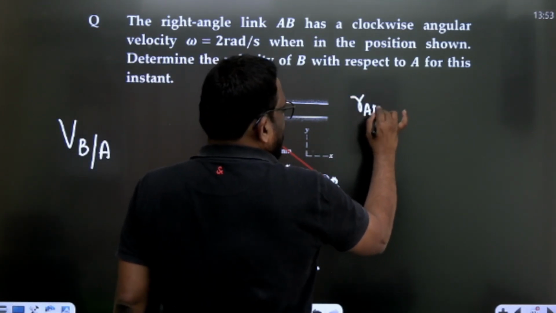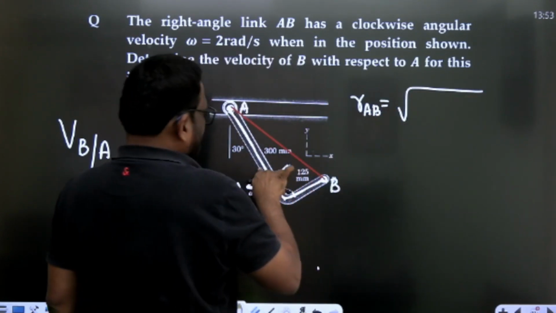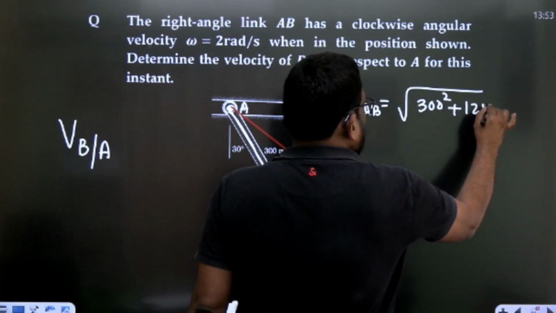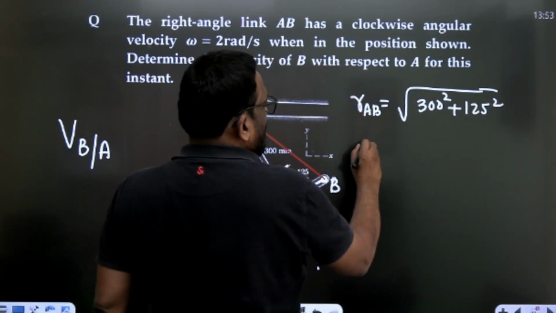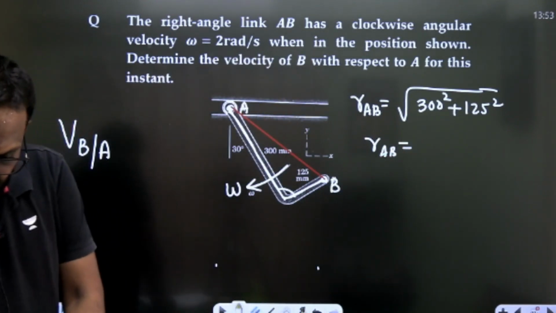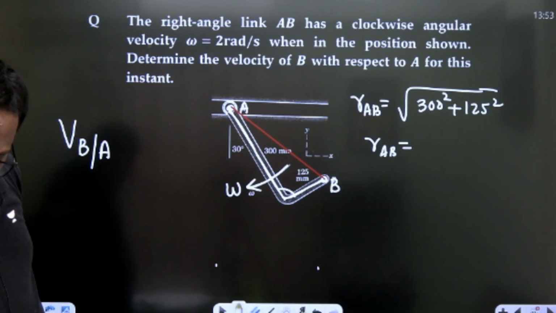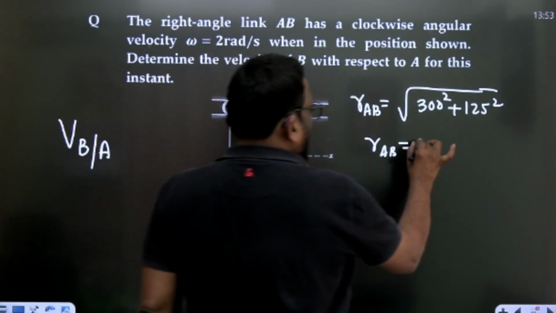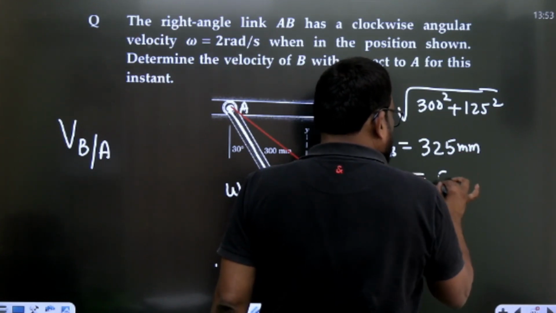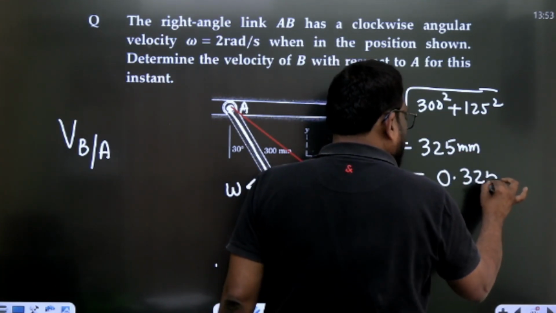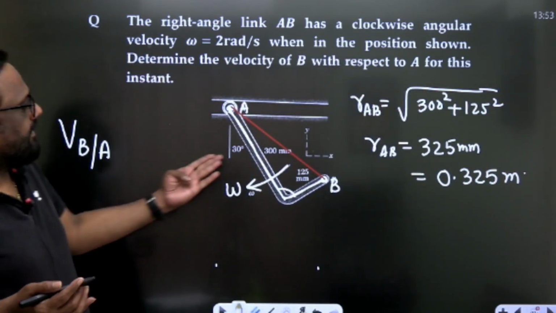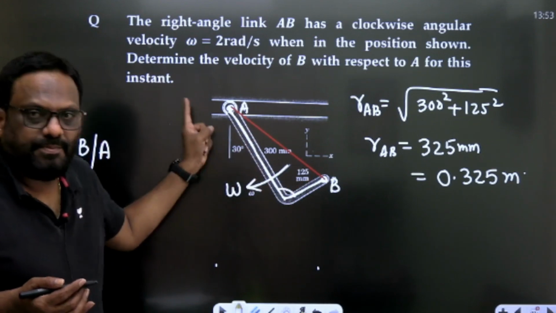RAB will be equal to under root of 300 square plus 125 square. कितना आ रहा है sir? Let me calculate. 325 mm. All are in mm. Or this can also be written as 0.325 meter. Excellent, sir.